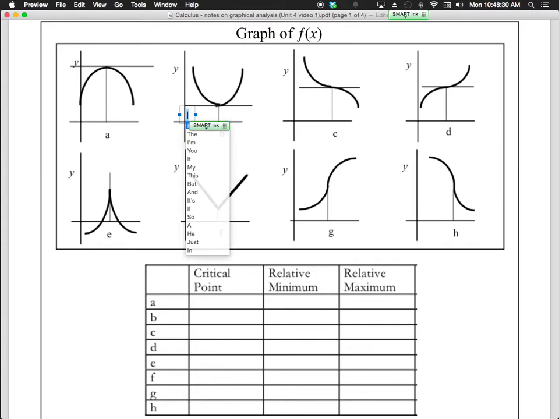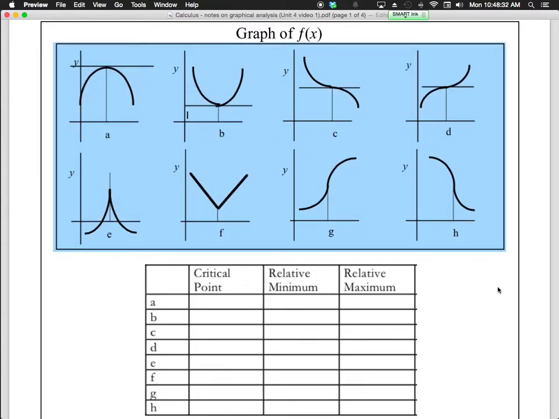All right, so now we want to go back through. We've already identified that every one of these is a critical point, for one reason or another. What are the two reasons? Derivative equals 0 or derivative is undefined. Now we want to go through and identify whether or not they're relative mins or relative maxes. We already discussed that A was a relative max, B is a relative min.